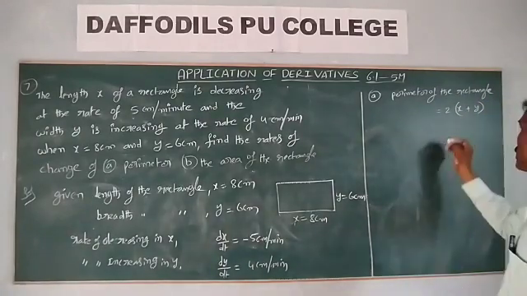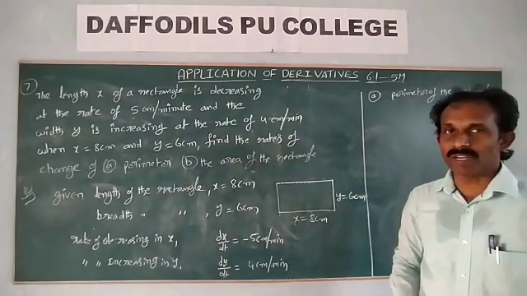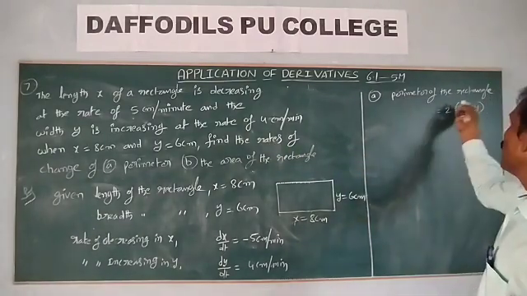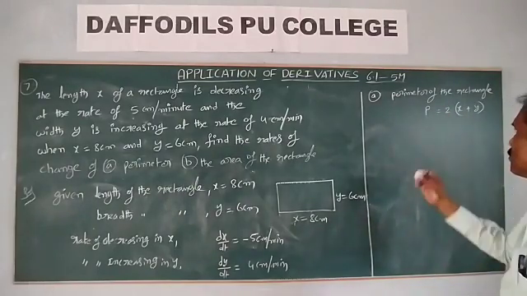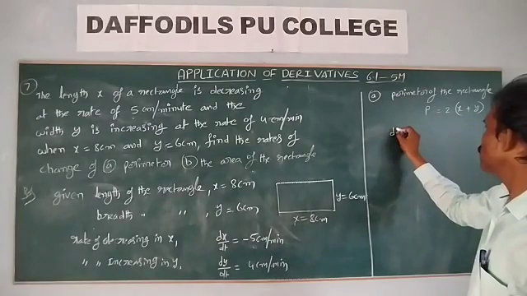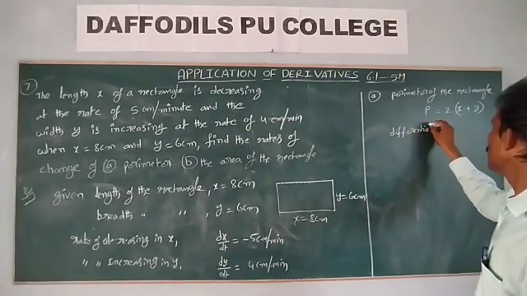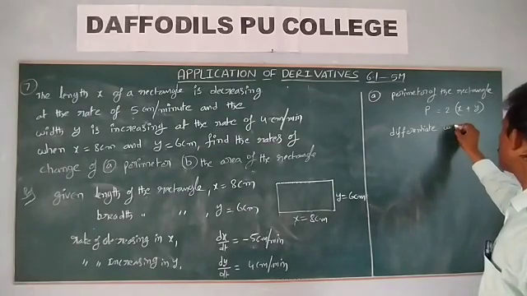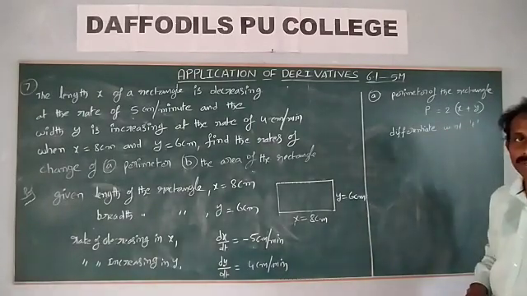We want the rate of change of perimeter, so let the perimeter be P. Rate of change means you take the derivative. Differentiate with respect to t.